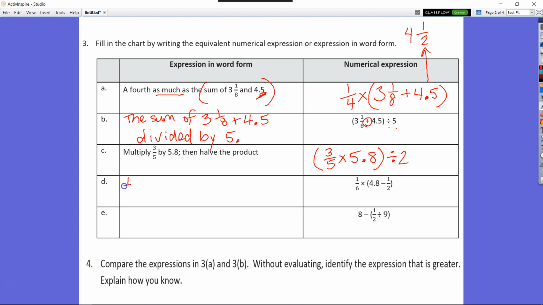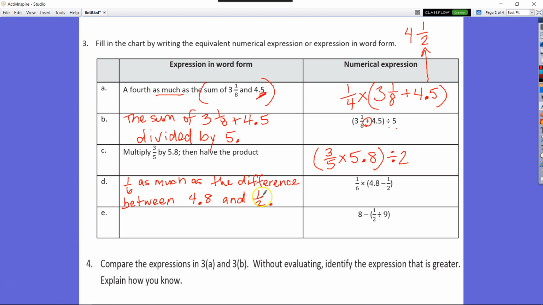So we have 1/6 as much as, and a subtraction, so it's going to be the difference between, and then between what two numbers, our minuend, if we set it up in the standard algorithm for subtraction, that would be the top number, and our subtrahend, which would be our 1/2.